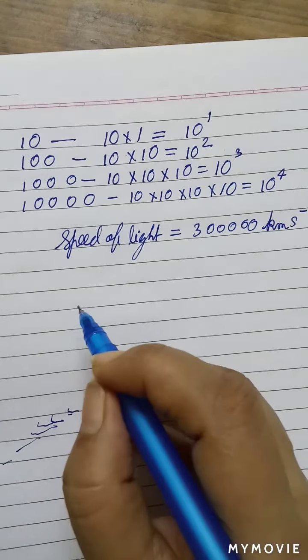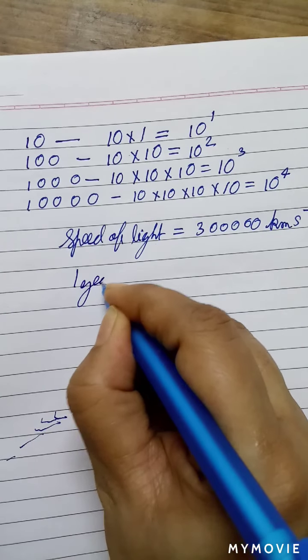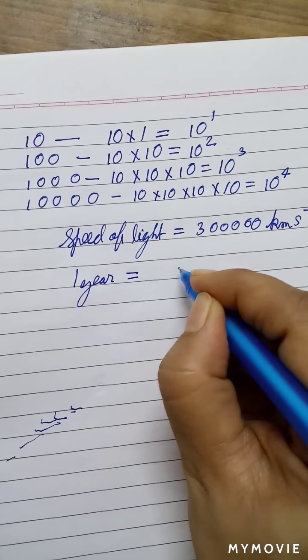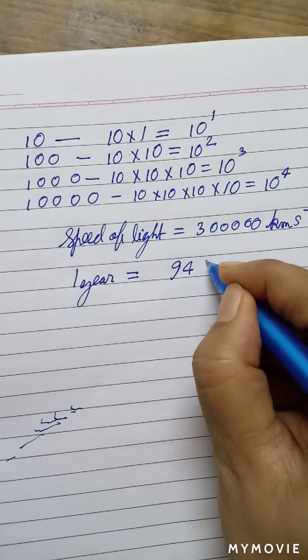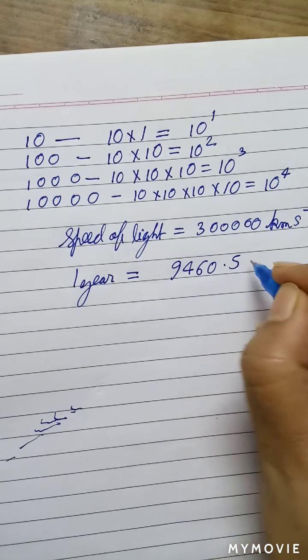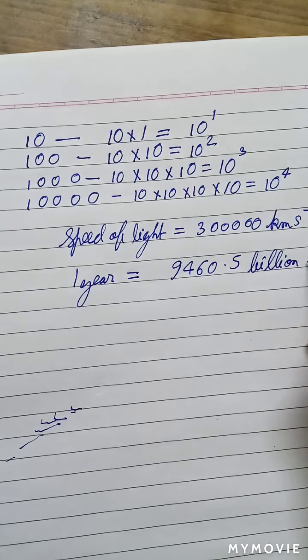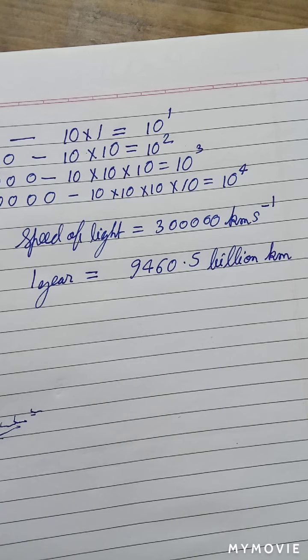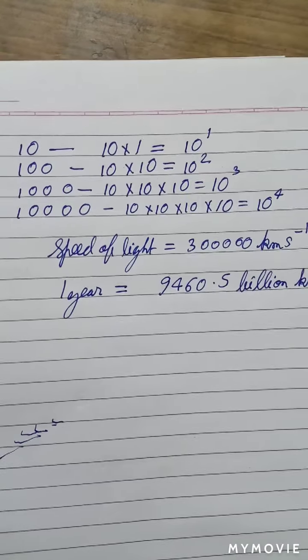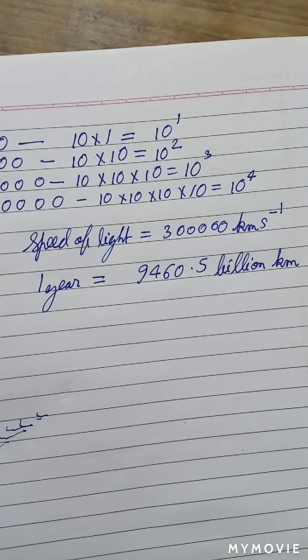But what would be the speed in 1 year? In 1 year, it's going to be something like 9460.5 billion kilometers. This is a huge number. We have to express it in terms of exponents to make it convenient for us and to make it readable.